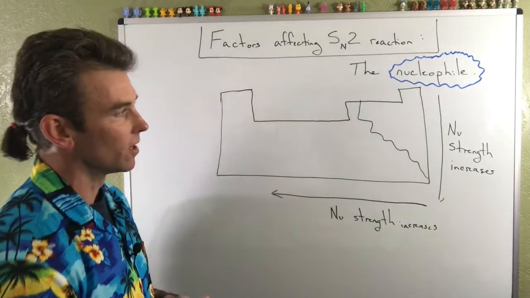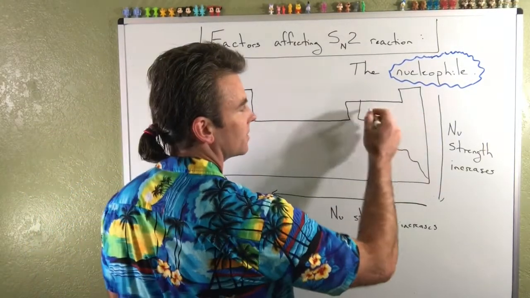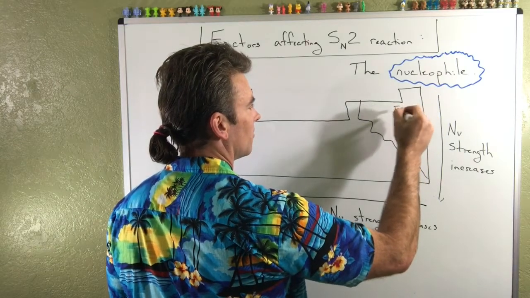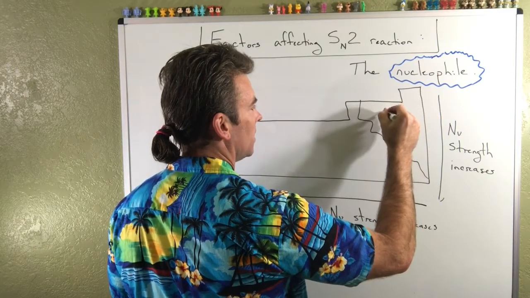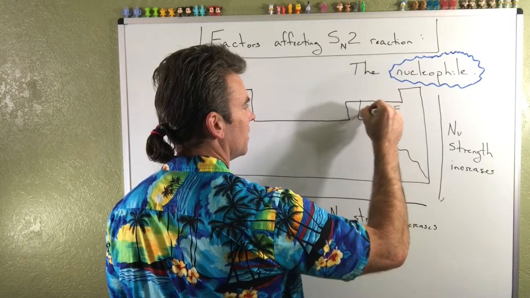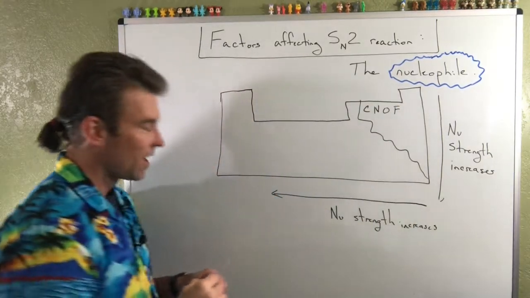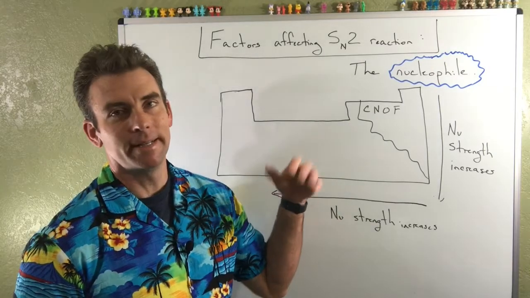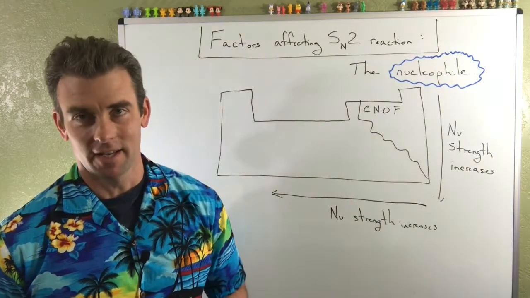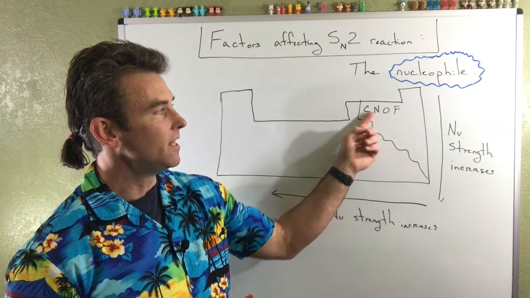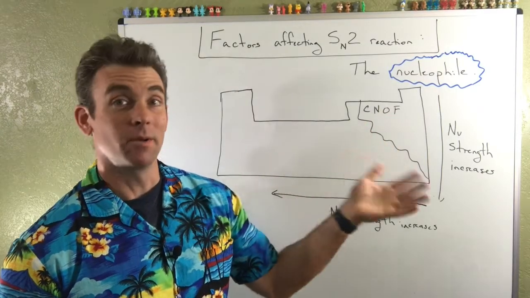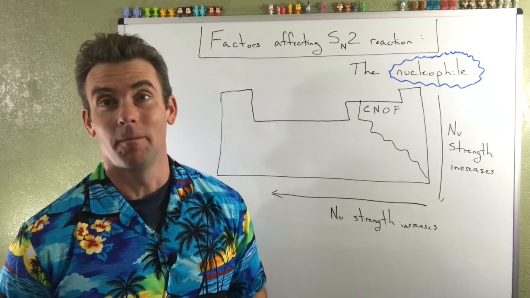So in other words, if we're working across this thing where we've got a fluorine, an oxygen, a nitrogen, and a carbon, if you imagine each of those species with a negative charge, just to make sure that everything is equal, you're going to see that each one of these things becomes a better and better nucleophile as we go right to left across the table.